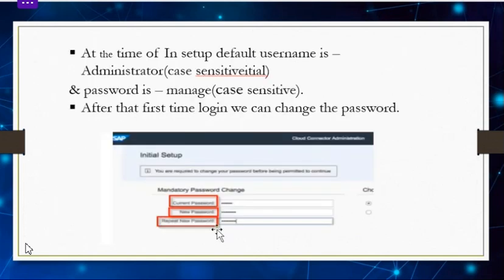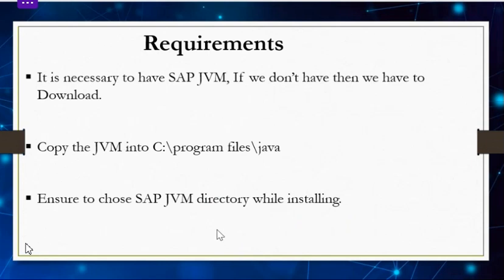At the time of setup, the default username is Administrator, with the password as shown. After the first login, we can change the password. For this installation, we require SAP JVM. If we don't have it, we have to download it and copy it to our C folder. Then we can ensure the SAP Java JVM directory is used while installing.